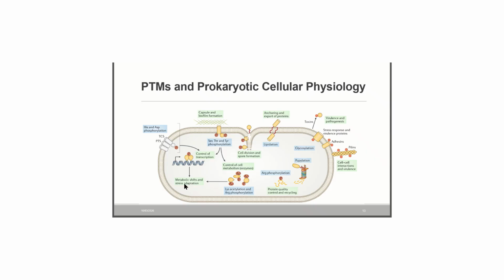As you can see here, they control transcription, metabolic shifts and stress adaptation, control of all metabolism enzymes. And the capsule and biofilm formation are part of the virulence mechanisms. Anchoring and export of proteins are also part of the virulence mechanisms.